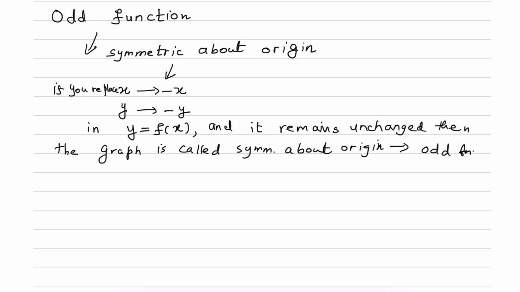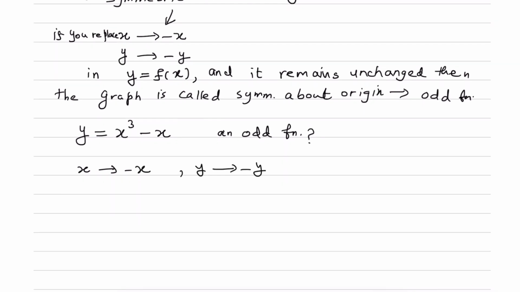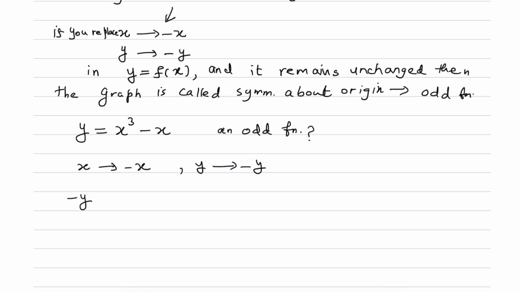Let's check it through an example. We have a graph y equal to x cube minus x. We want to check if this graph y equal to x cube minus x is an odd function. So let's replace x by minus x by definition and y by minus y. So in the place of y we have minus y, in the place of x we have minus x. Let's simplify this. Minus y equals minus x cube plus x.